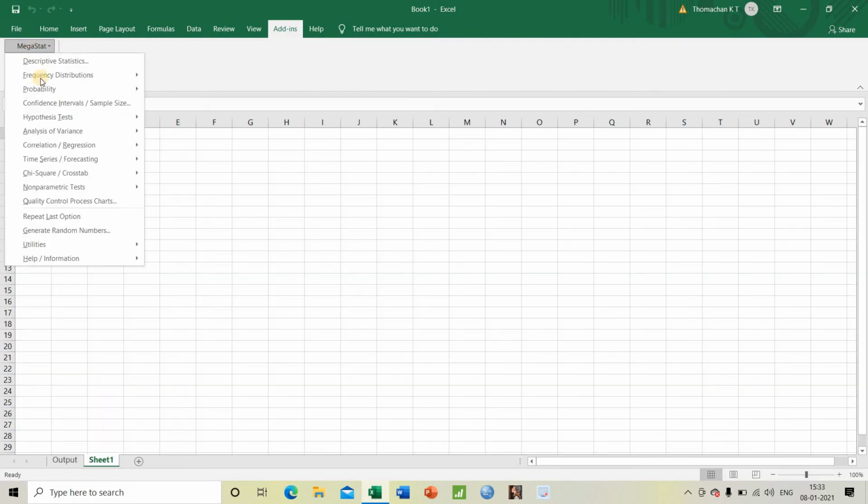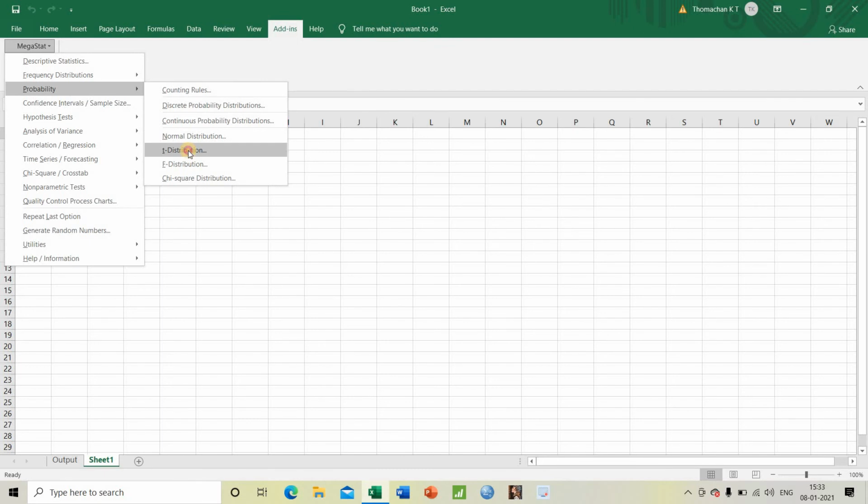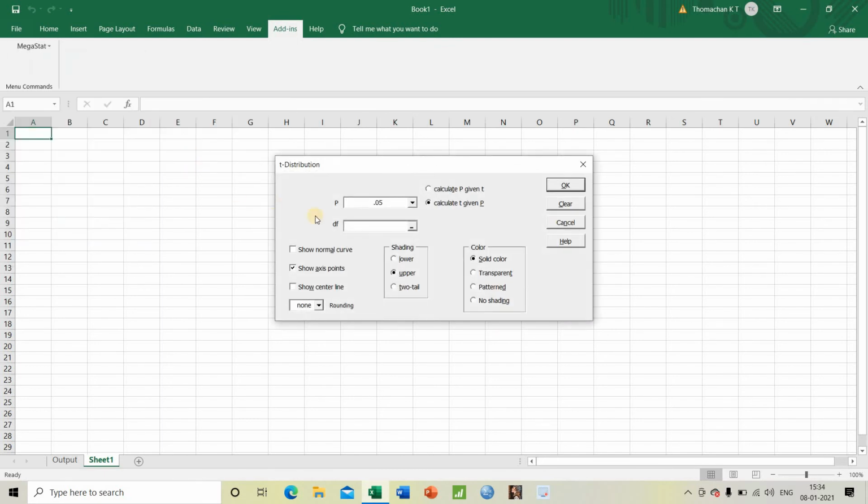Now, I consider again the T distribution. I select a P of 0.05. I give 20 degrees of freedom. As I told you in my theory classes, T distribution depends on the degrees of freedom.